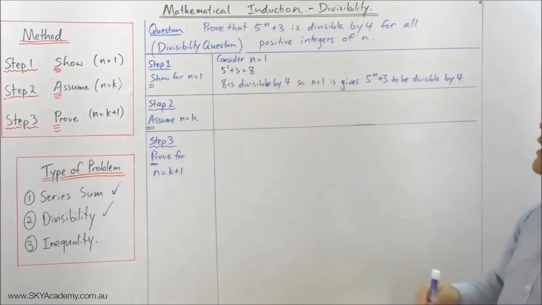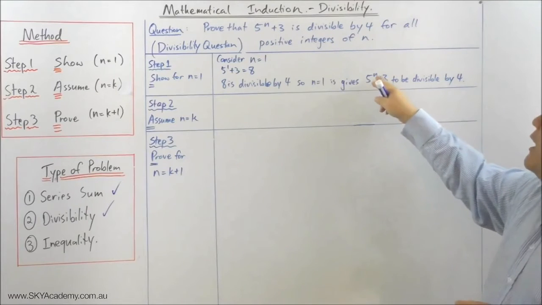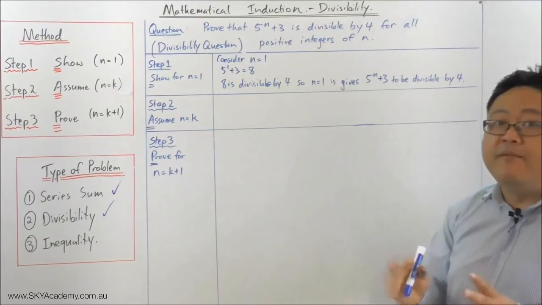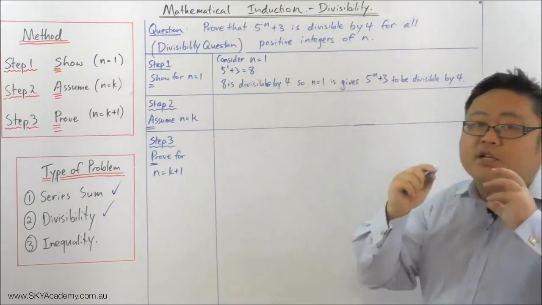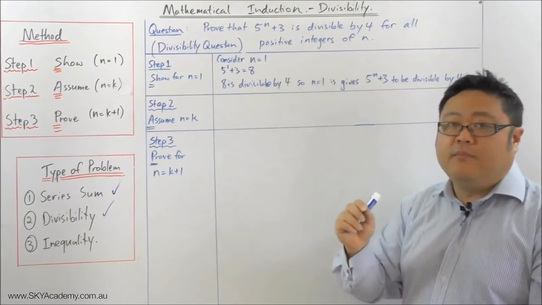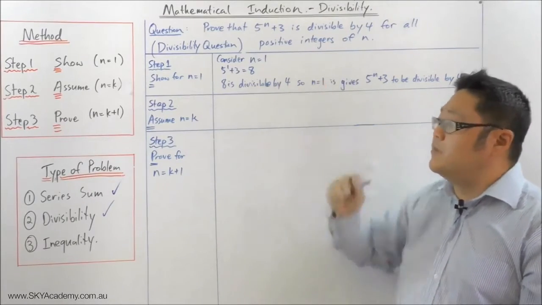So n is equal to 1 gives 5 to the power of n plus 3 to be divisible by 4. Does that make sense? So you're showing that it's true for the first term, which is n is equal to 1.